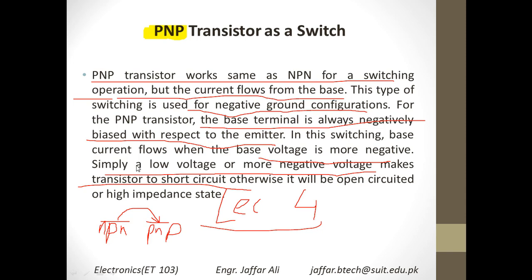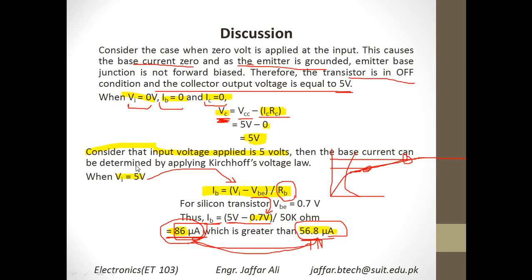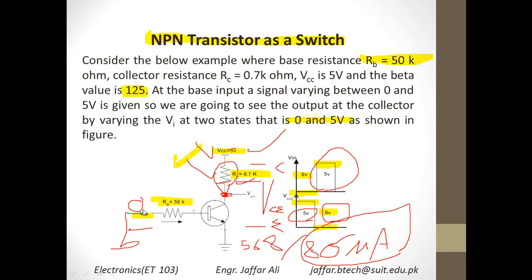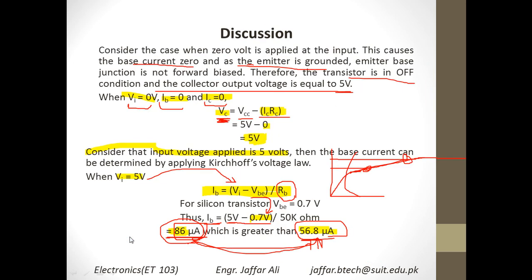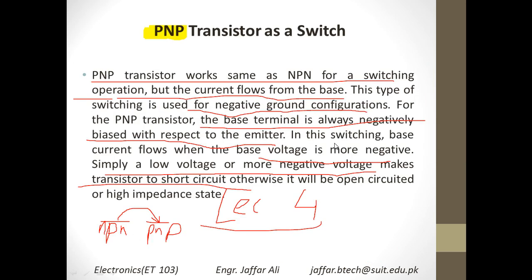You see that in the previous scenario you have to increase the voltage from 0 to 5, but in this PNP case you have to reverse the case. You have to apply the low voltage or more negative voltage to make the transistor go short circuit, or switch on.